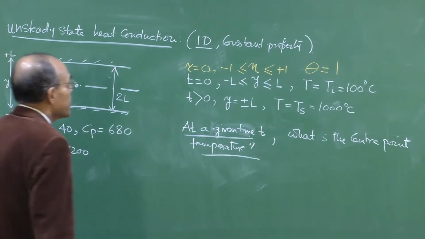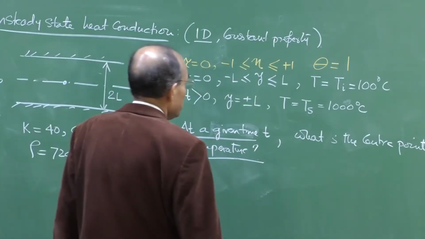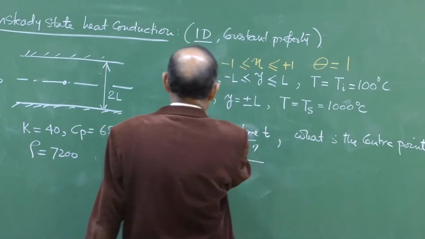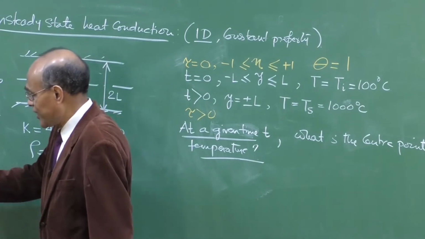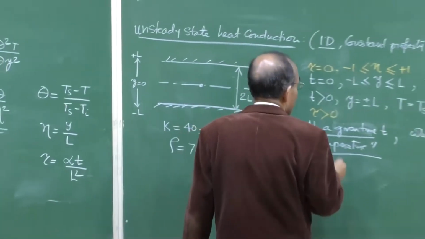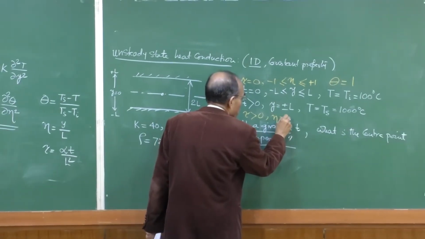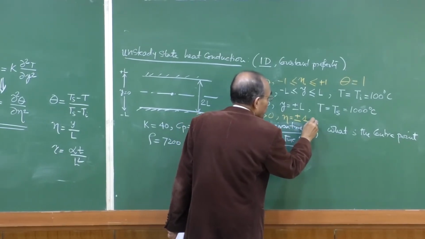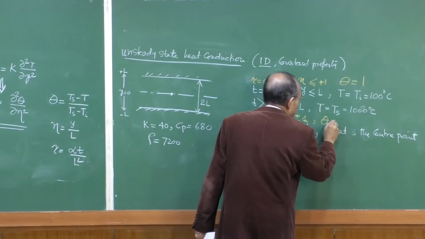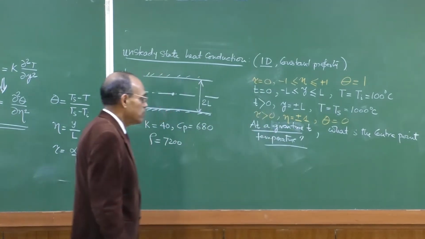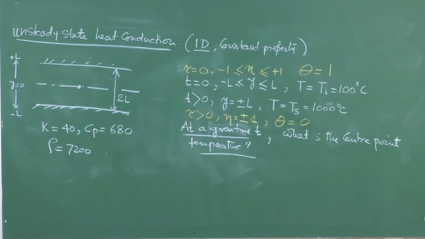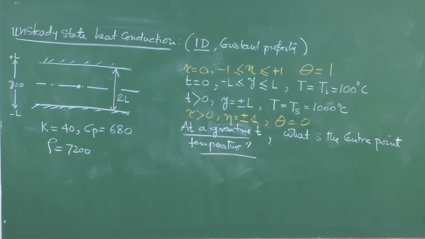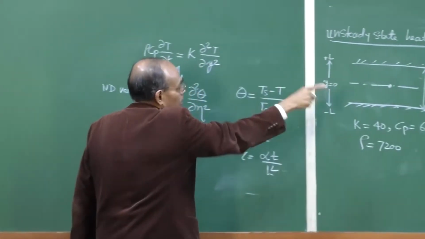And then for tau greater than 0, that is if t is greater than 0, then we have eta is equal to plus or minus 1, and then theta is equal to 0. That is what it is. Then Ts minus Ts divided by Ts minus Ti is 0, and that is reflected.